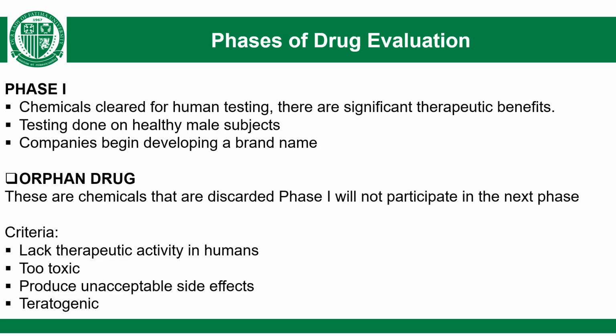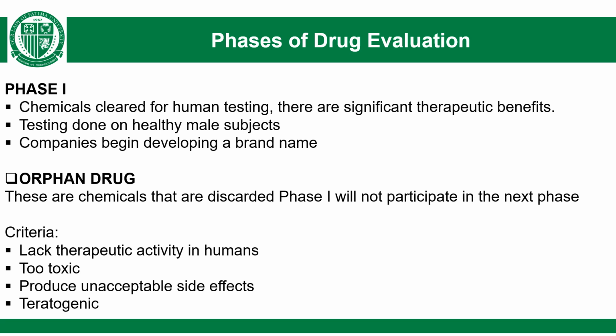For the phases of drug evaluation, once the orphan drug is tested, for the phase 1, chemicals are cleared for human testing. And these are significant for therapeutic benefits. Testing is done on healthy male subjects, and companies may begin a brand name.